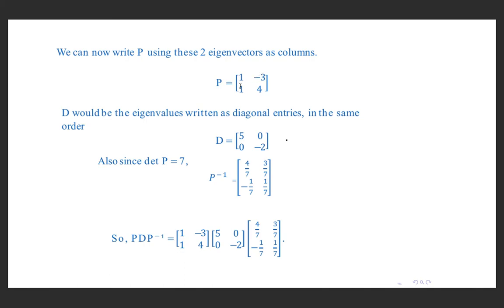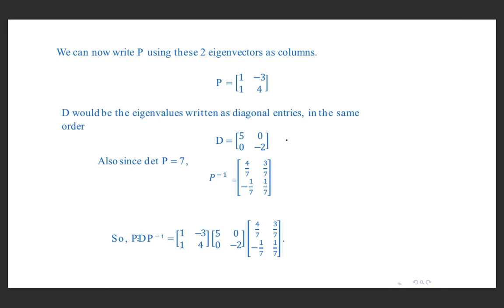For 1 it is minus 1 raised to power 1 plus 1 into minus 3. For 4 it is minus 1 raised to power 2 plus 2 and 1. After calculating the minor of each term, we divide each term by 7 and take its transpose. So we will be left with 4 upon 7, 3 upon 7, minus 1 upon 7, 1 upon 7.